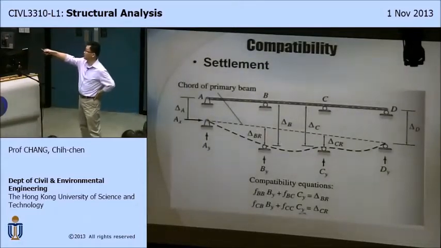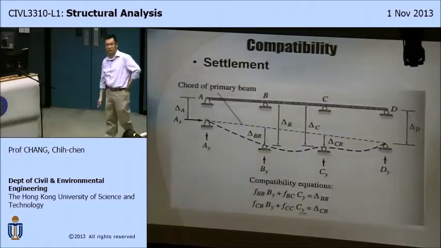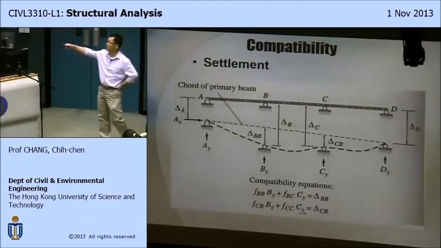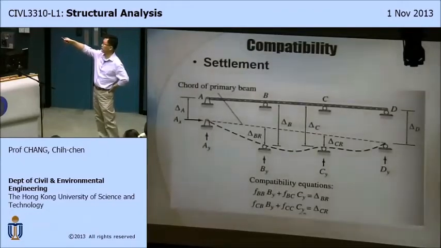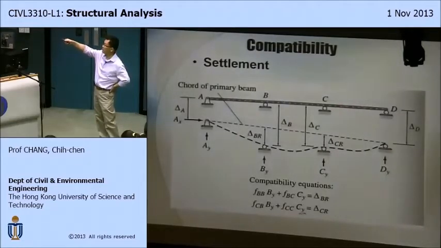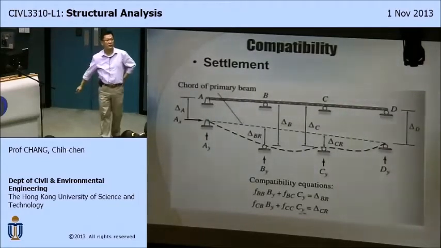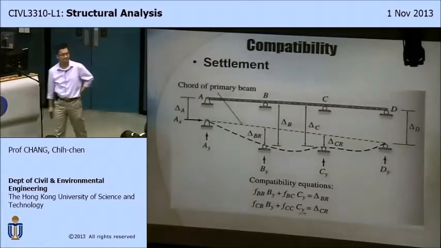So that is the final settlement that you put into the right-hand side. You don't take the whole settlement and put it in, right? Because the real settlements actually comprise the rigid body settlements plus the flexible body settlements. And we say that this rigid body settlement does not contribute to any force in your structures.